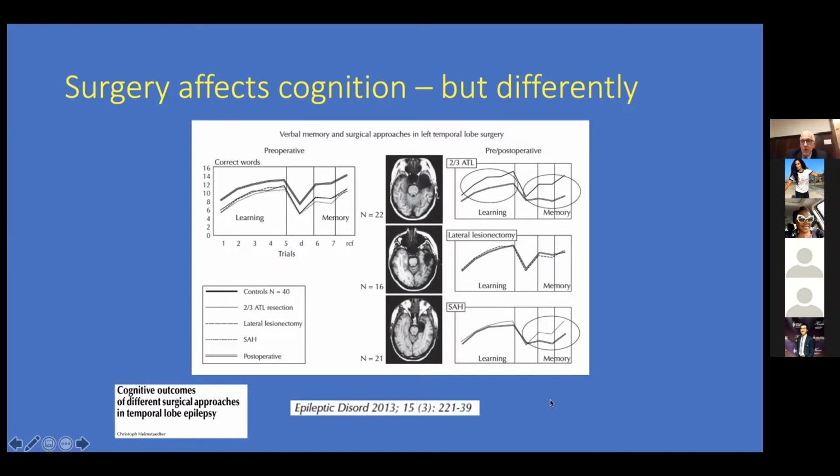So we were refining procedures and looking for new technologies that would allow us to render the patient seizure-free without this price, either the learning or the memory or both. And we know that the memory deficit, even in these selective procedures, comes from the approach. When we come from laterally, when we disconnect this area, that leads to a memory deficit. So we were looking for new ideas and new technologies to do this.